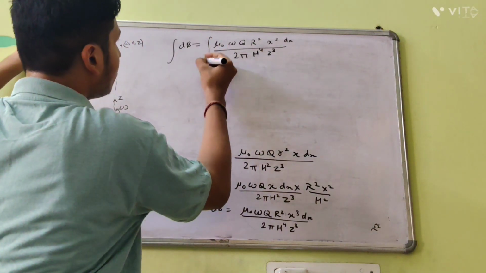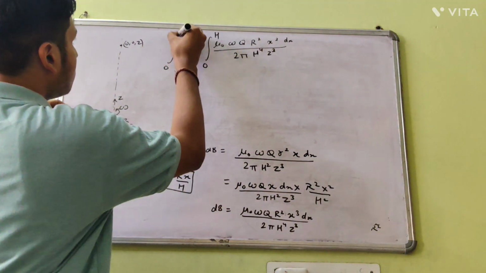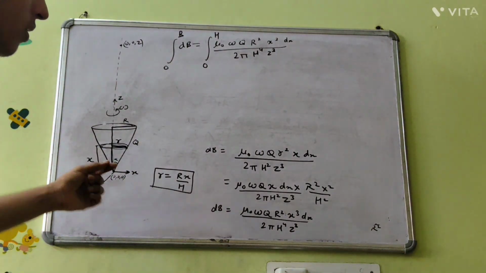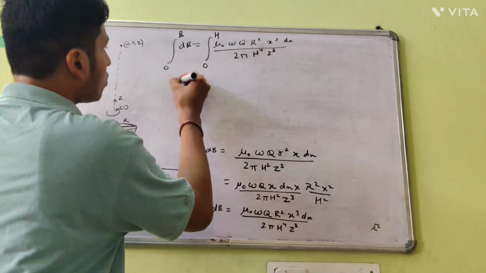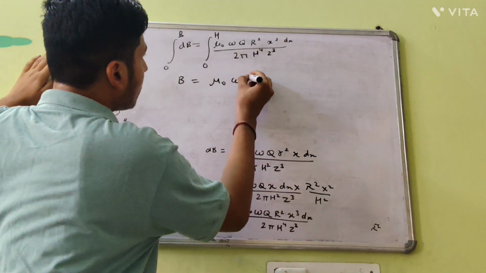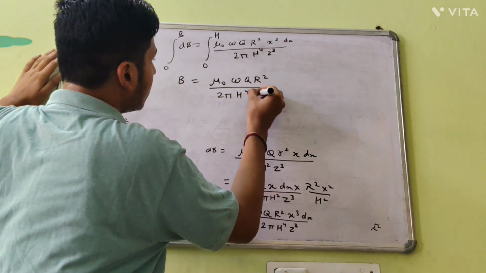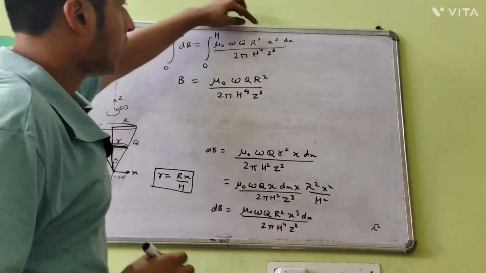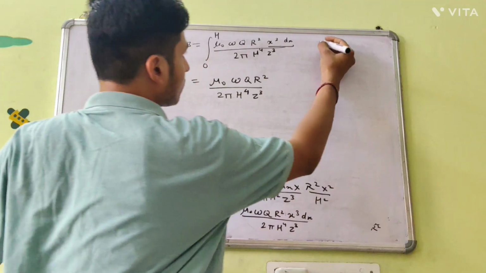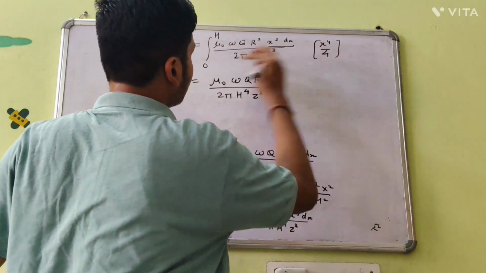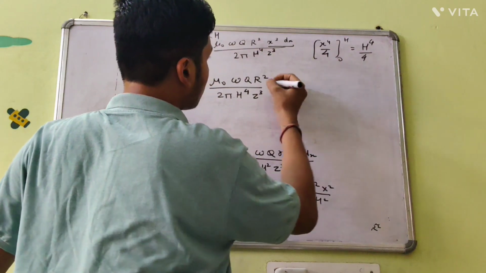By integrating it, x varies from 0 to h, and the magnetic field will vary from 0 to B. When there is no element, the magnetic field is 0, and finally the magnetic field is B. So B equals mu naught omega q R square over 2 pi h to the power 4 z cube times the integral of x cube dx, which would be x to the power 4 by 4, with limits 0 to h. So h to the power 4 by 4.